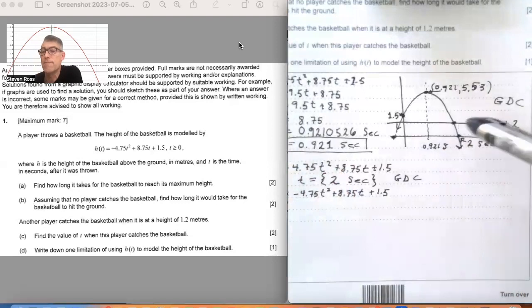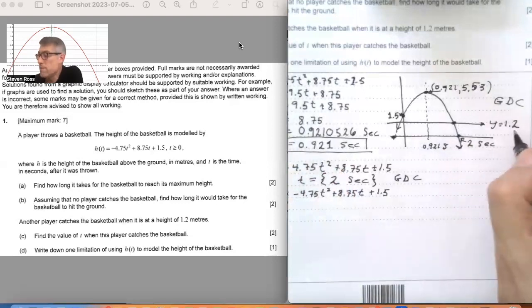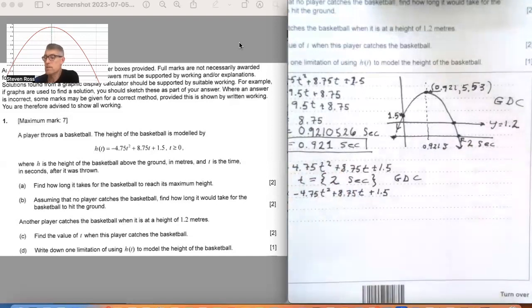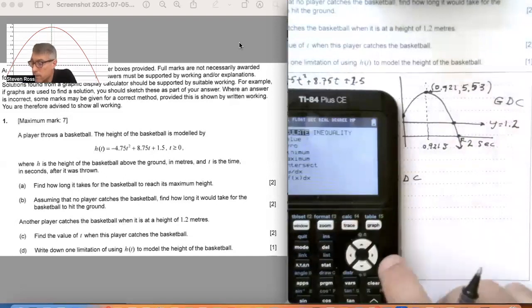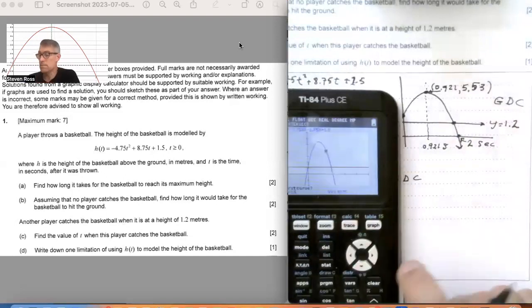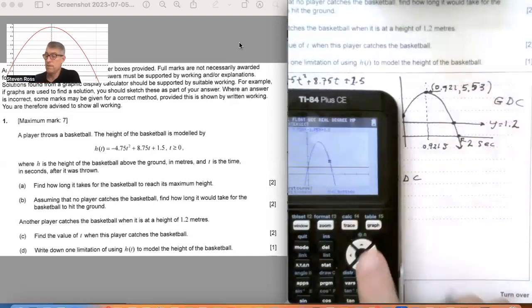So I'm going to find that value. I already know the y value, so I'm also going to find the t value. So let's go ahead and graph that. And then I'm going to go to calculate the intersection of the parabola and the line.